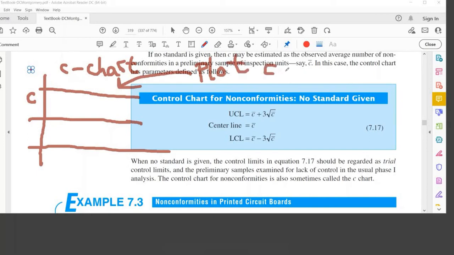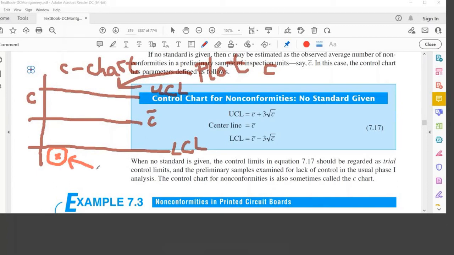How many count? So, if you have the upper control limit here, and you have C bar here, you have the lower control limit here. Let's say you have one value, and suddenly it is here. So this value, you cannot say it is due to an assignable cause unless you know that it is.